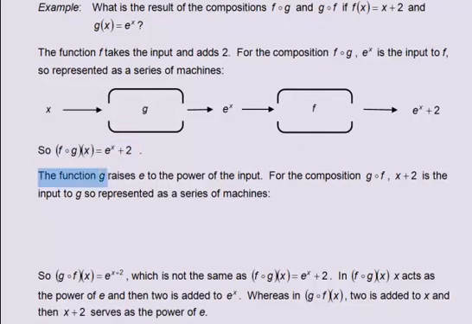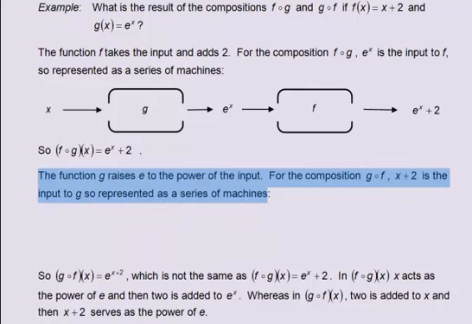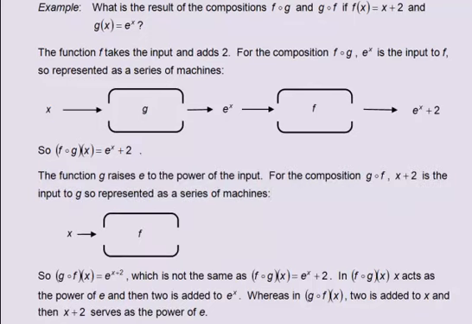The function g raises e to the power of the input. For the composition g circle f, x plus 2 is the input to g, so, represented as a series of machines, x is the input to the machine f, whose output is x plus 2. This acts as the input to the machine g, which raises e to the power of the input, which gives e to the power of x plus 2.